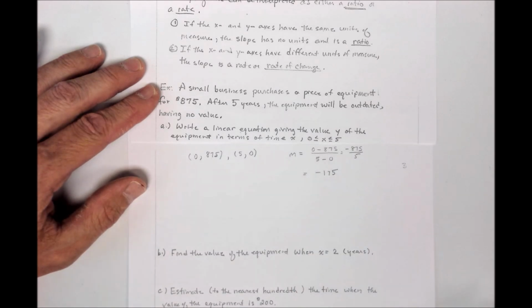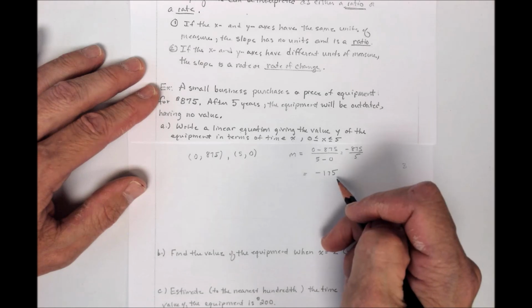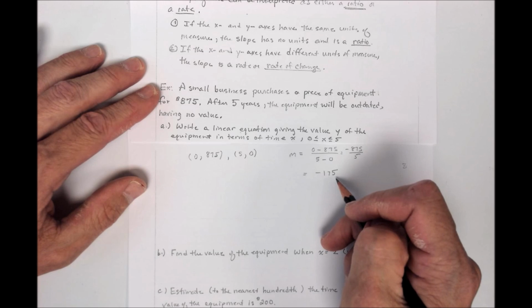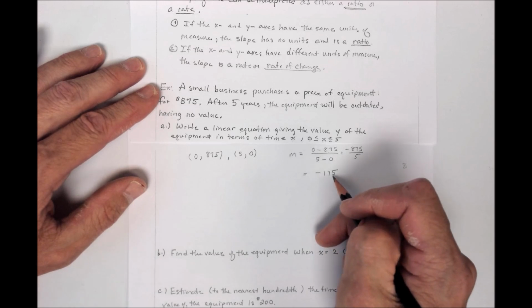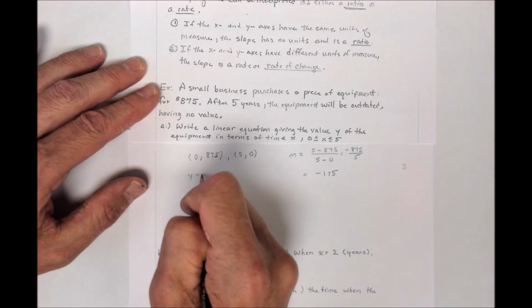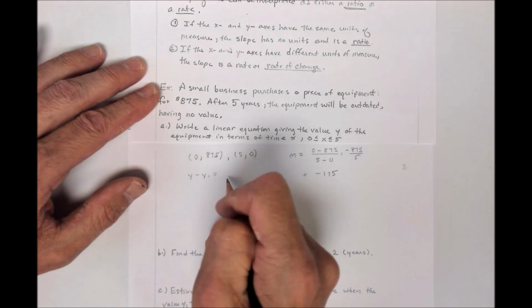So in terms of the idea of money, this piece of equipment that the business purchased is losing on average here $175 each year. This would be in dollars per year. But I'm not writing it that way. I want the equation first. So I'm going to go back to my favorite guy, point slope form.